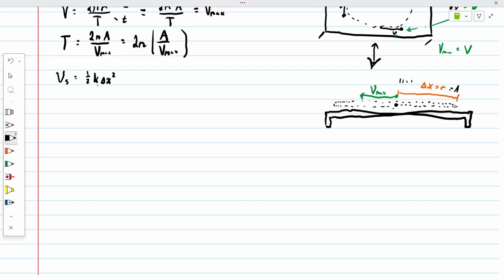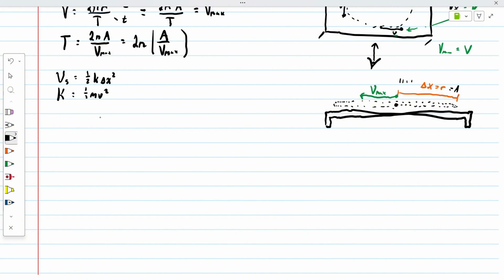And then the kinetic energy is just the kinetic energy of any translational motion, 1/2 mv squared. Since we're using the simple harmonic oscillation approximation, we can use conservation of energy.